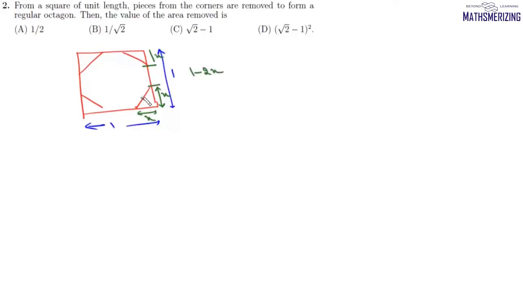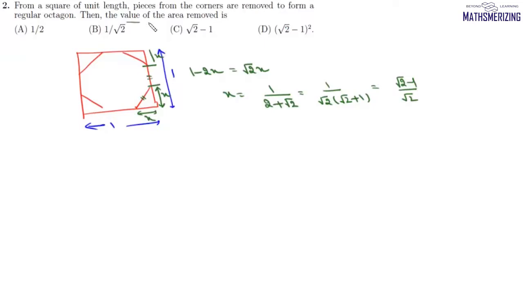Now we can also find the length of this side. The length of this side will be simply root 2 times x, and since it is a regular polygon, both the sides must be the same. So from here we'll get x as 1 upon 2 plus root 2, or we can say 1 upon root 2 into root 2 plus 1. We can also write this as root 2 minus 1 by root 2.